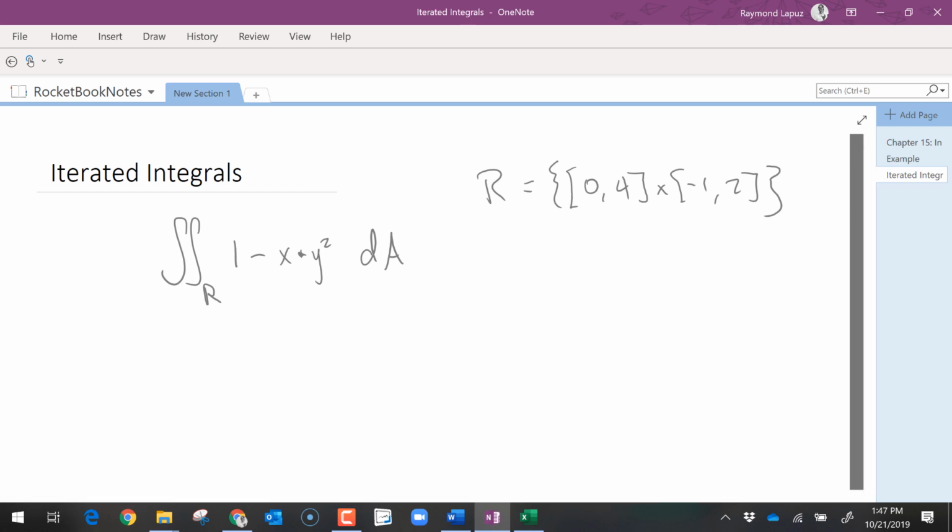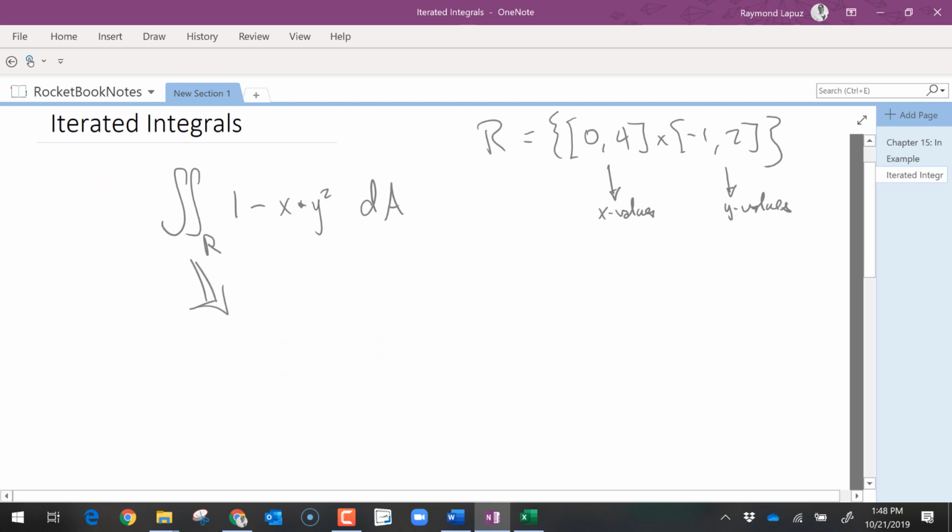So what we're going to do is identify the x and y limits of your integration. So this double integral over R is going to break up into two separate integrals. One of them is going to be an integral, let's say with respect to x, where x goes from 0 to 4.